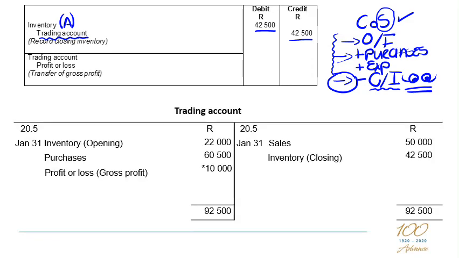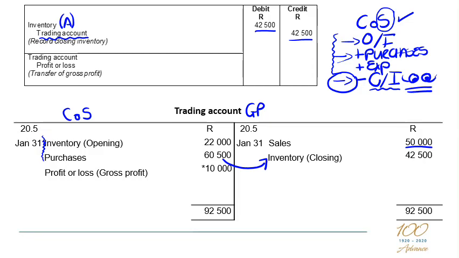At this point, our trading account to calculate gross profit is the sales minus, I want to deduct cost of sales, but I go over into a calculation, opening inventory plus purchases. But then from these two amounts, I need to deduct the closing inventory. So can you see closing inventory, which is deducted, is on the opposite side.